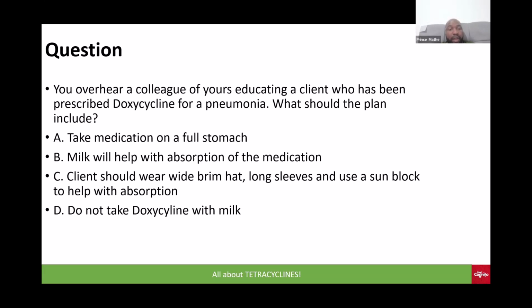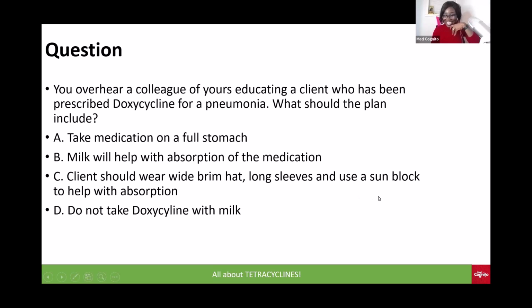B, milk will help with absorption of the medication. C, client should wear a wide-brim hat, long sleeves, and use a sunblock to help with absorption. D, do not take doxycycline with milk.